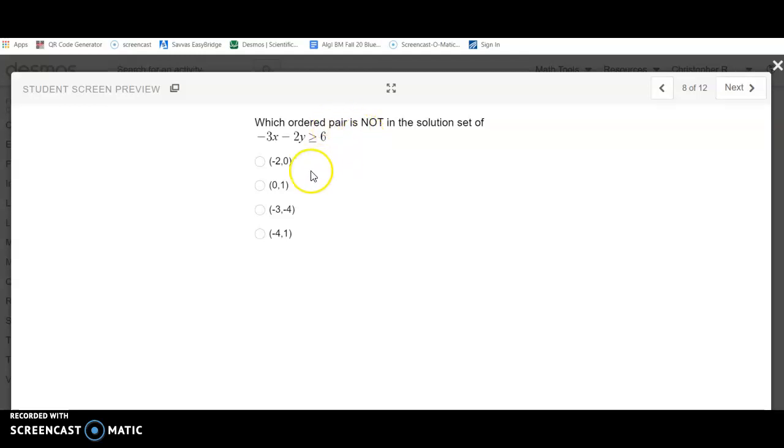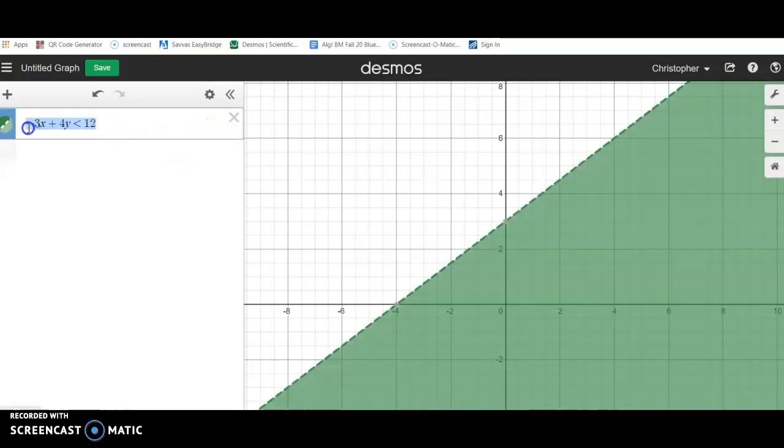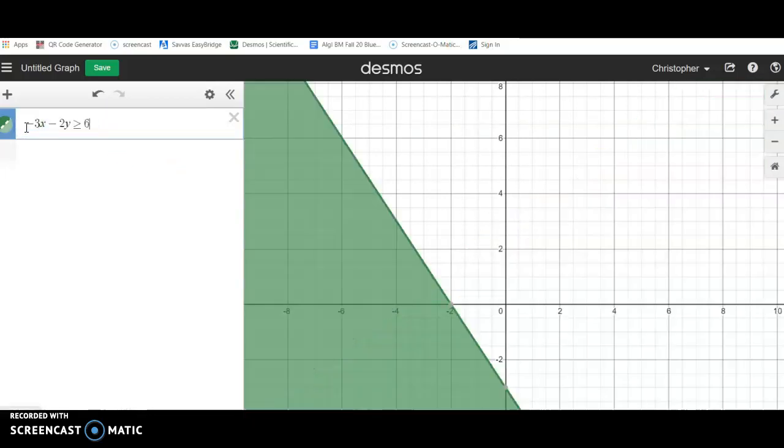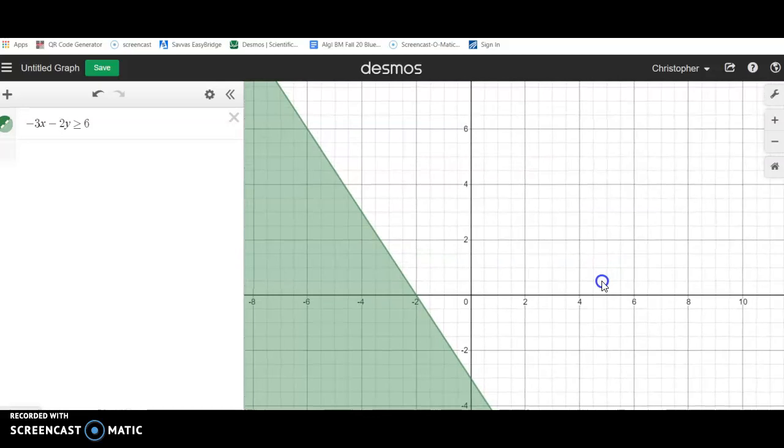This is one in which they want one of these that is not in the solution. So I'm going to go ahead and highlight again. I'm going to just go ahead and copy this. I'm going to go to my Desmos calculator. I'm going to paste it in there, and there we go. So that means I'm looking for one that is in the white area.